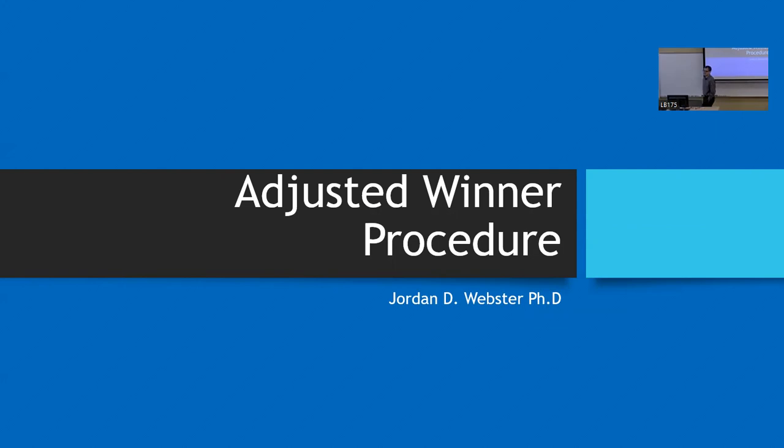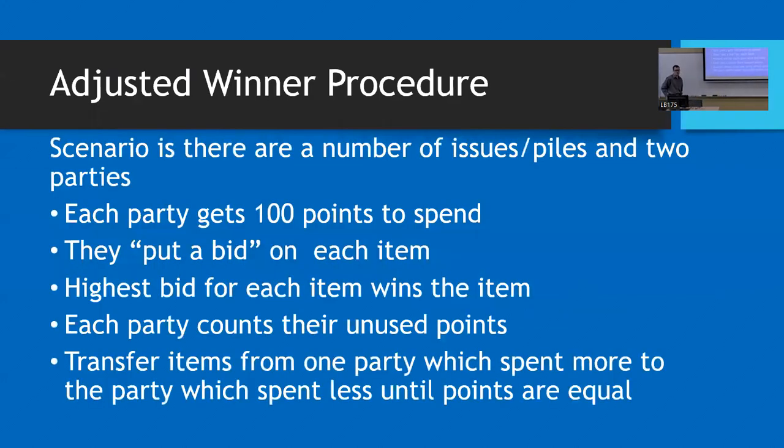So here's how the adjusted winning procedure works. There's a number of issues or a number of piles of goods. Let's start with just two parties.